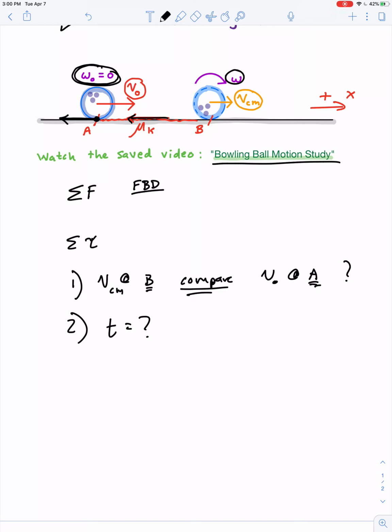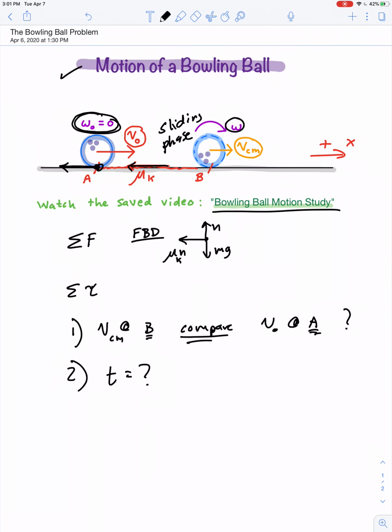So the net force is illustrated with a free body diagram. Normal force points up, mg points down, and then there's that force of kinetic friction back to the left, and the force of kinetic friction is equal to mu times N. We can put mu k, just to remind us that this is the sliding phase of motion. So in the sliding phase, just to be clear, this contact point has relative velocity compared to the ground that it's on.